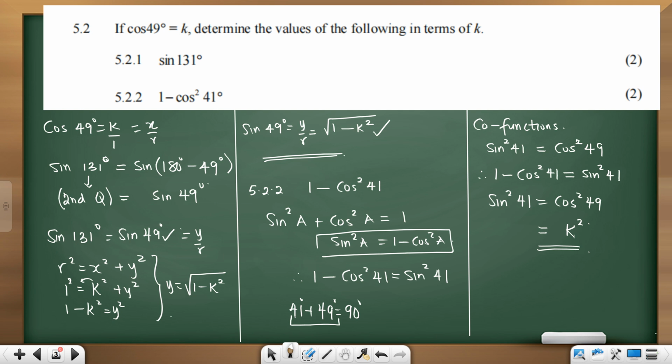So I used cofunctions, I used the quadrant, I used the identity rule, sine squared A plus cos squared A. Just reminding us of everything trigonometry. Okay, all good? No questions? Send a picture, please.